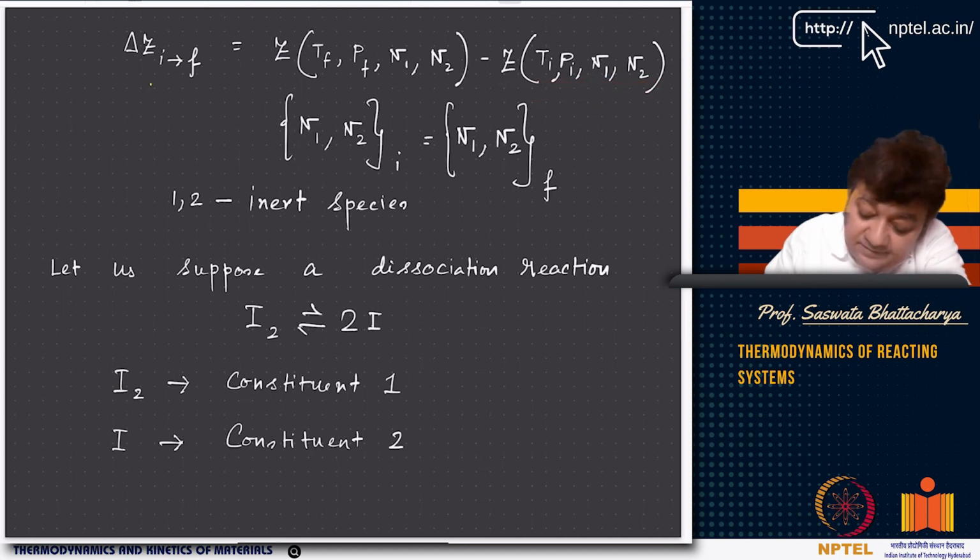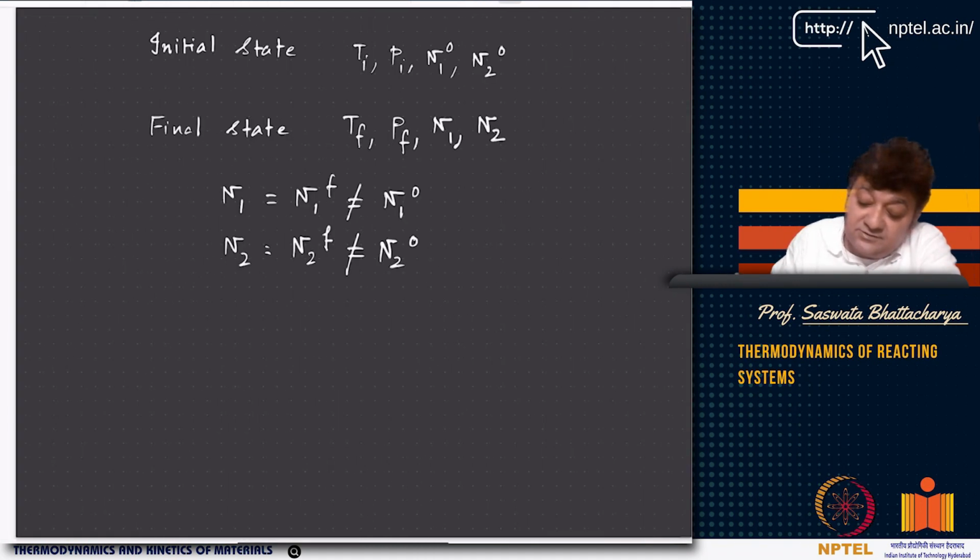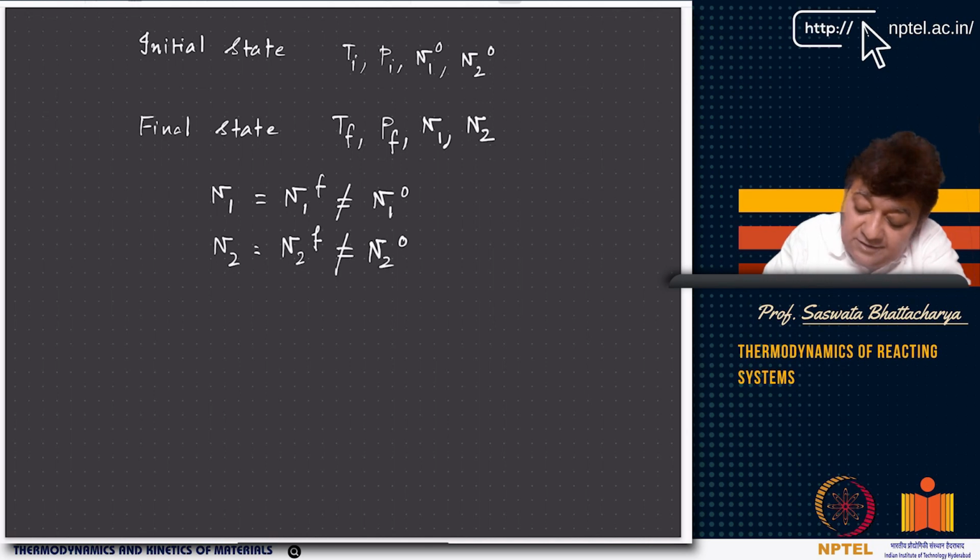Now in the case of a non-reacting system, N1 and N2 initial and final are the same, which means 1 and 2 are non-reacting or inert species. Now if I look at this dissociation reaction, say I2 goes to 2I, you have I2 which is constituent 1 or species 1, and I is constituent 2. In the initial state you have Ti, Pi, N1 0 and N2 0, and in the final state you have Tf, Pf, N1 and N2.